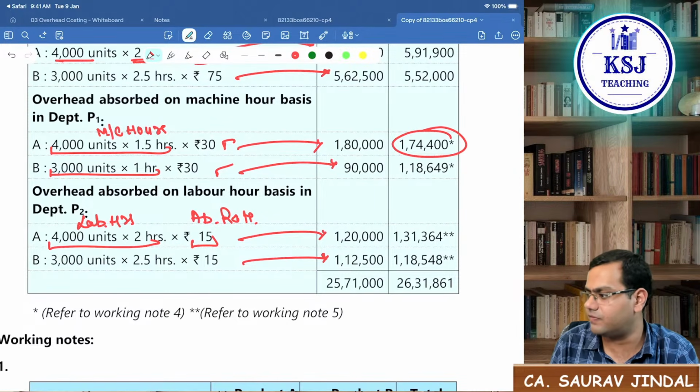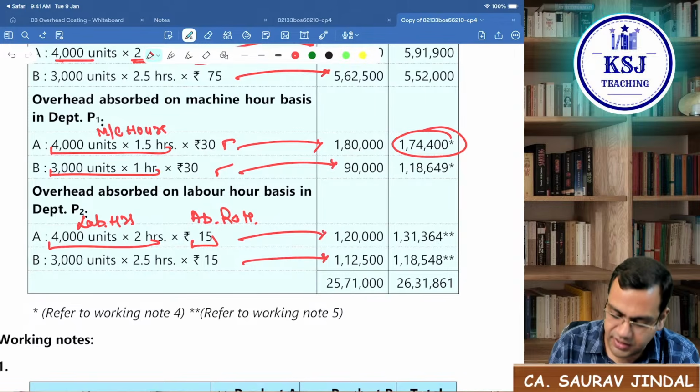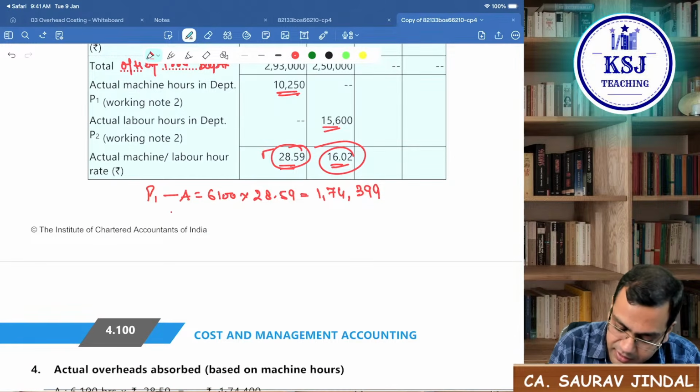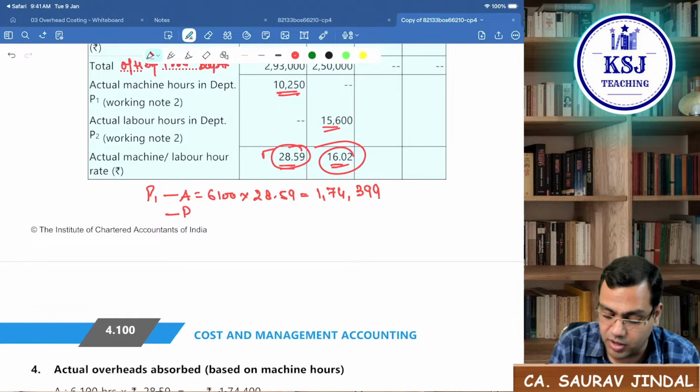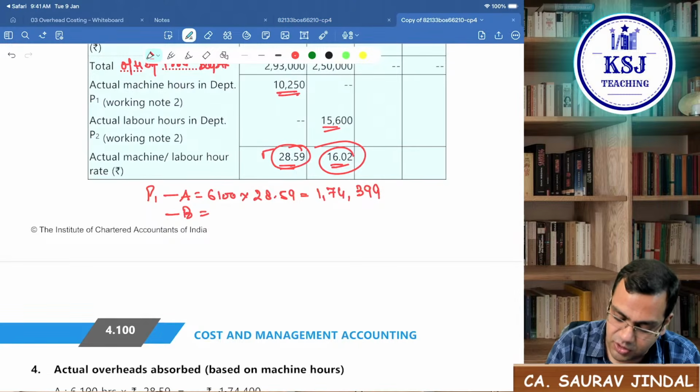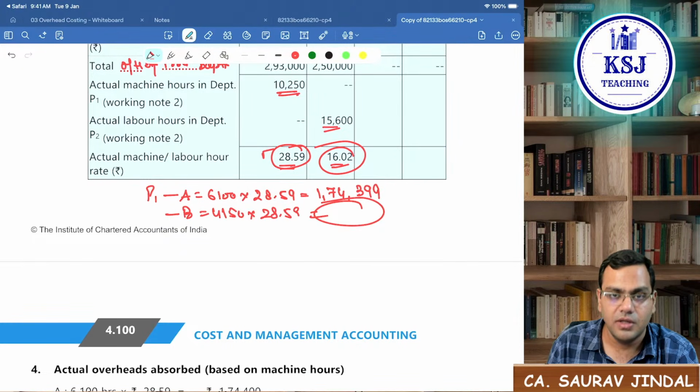They have rounded it off. That's totally fine. Similarly, in the department P1 for product B, it is 4150 hours. So you'll do 4150 into 28.59. So you will get the other value.